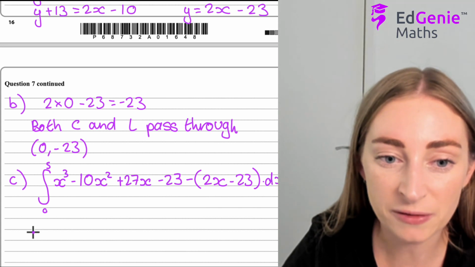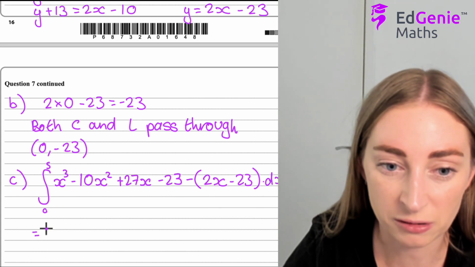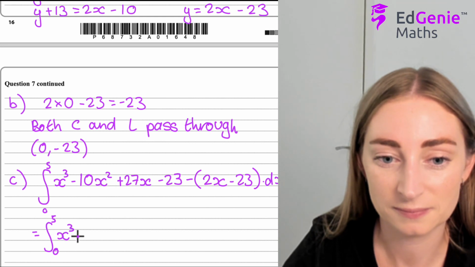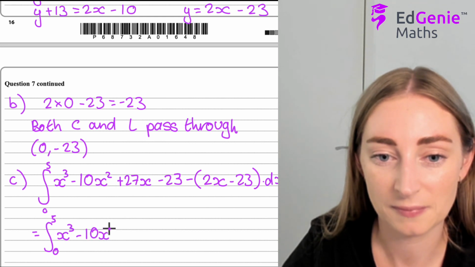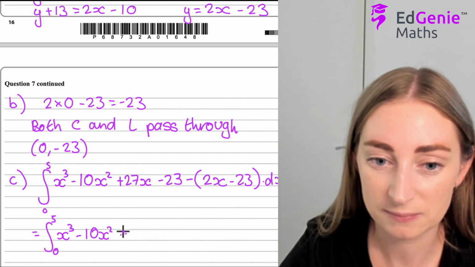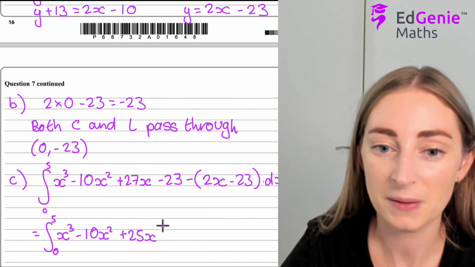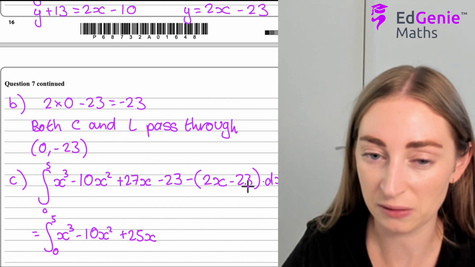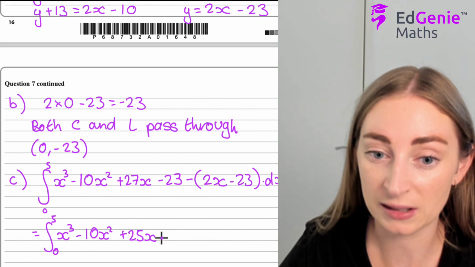I'm going to simplify this before I actually integrate. 27x minus 2x, minus 23, then take away another minus 23. So that's quite nice. Those are going to cancel out.